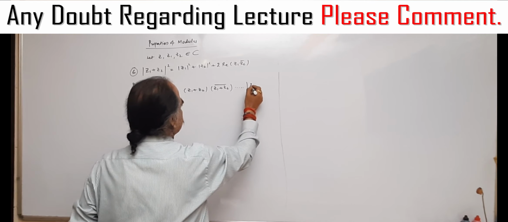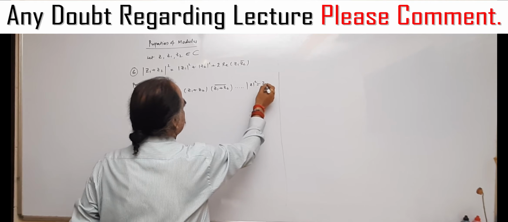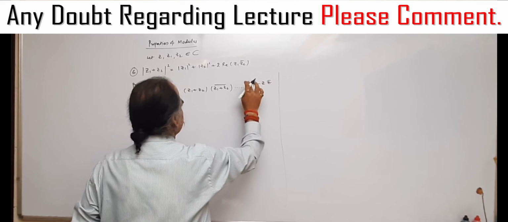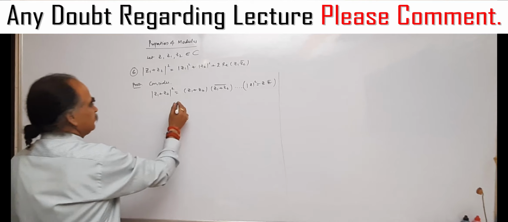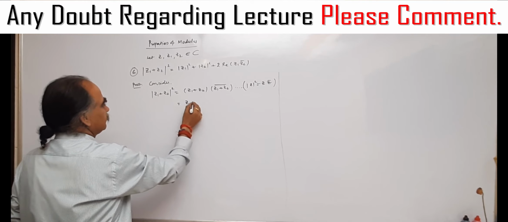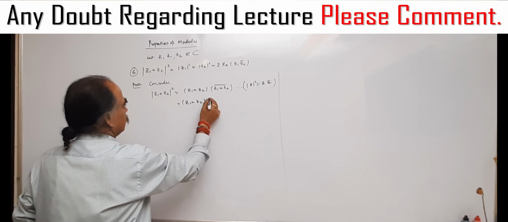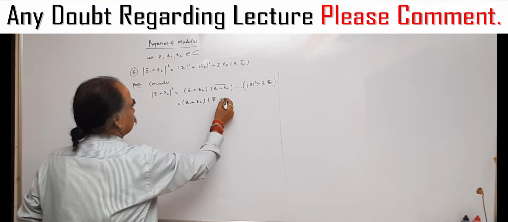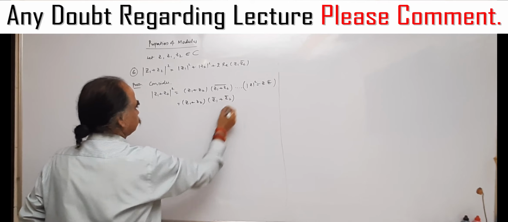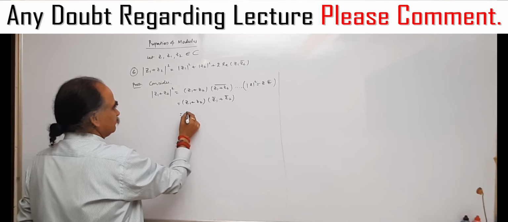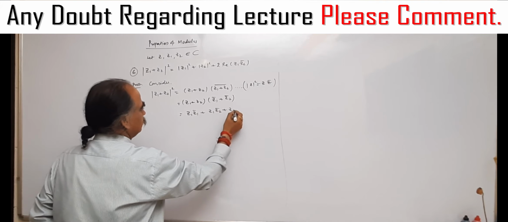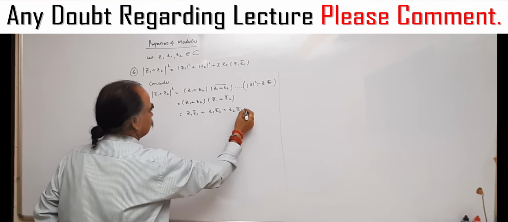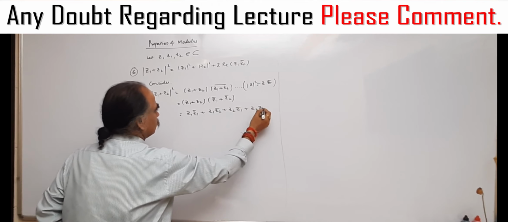Mod z square is what? z into z bar. Which is equal to z1 plus z2 into z1 bar plus z2 bar. So this will give z1 into z1 bar plus z1 into z2 bar plus z2 into z1 bar plus z2 into z2 bar.